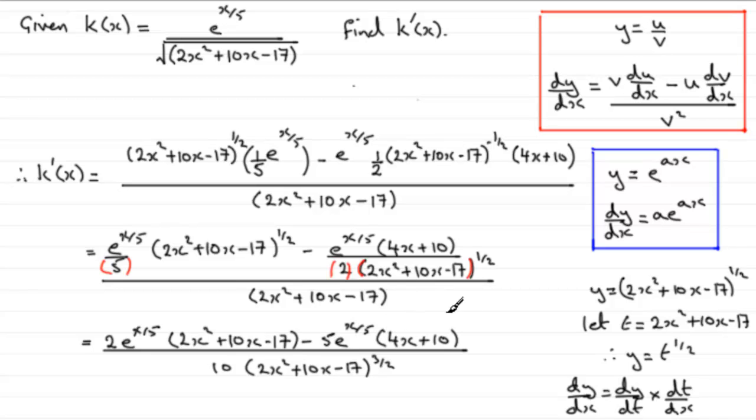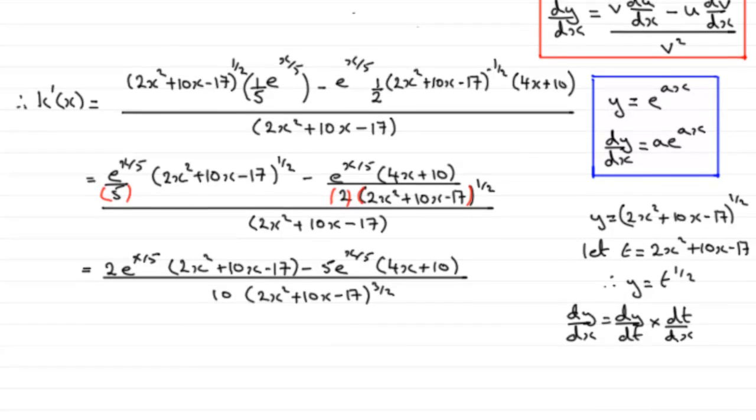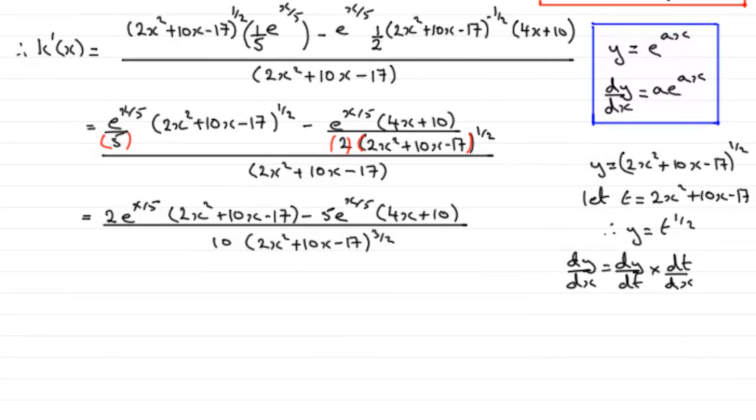What I need to do is carry on and just try and simplify this further. So I can see that we could pull out, say, e to the power x over 5. Let's do that, e to the power x over 5. And then I'd want to put a square bracket up, and inside here would go the 2 multiplied by 2x squared plus 10x minus 17. Oops, that didn't look good, so I'll just put minus 17 back there again.